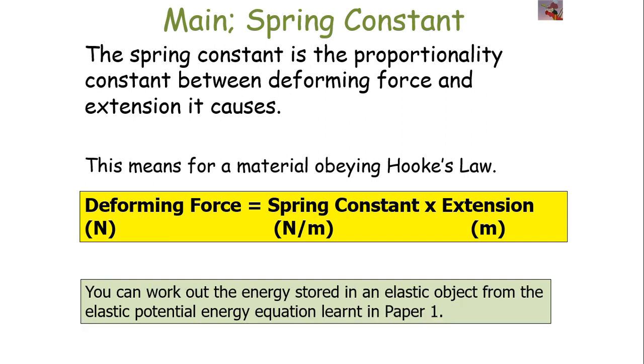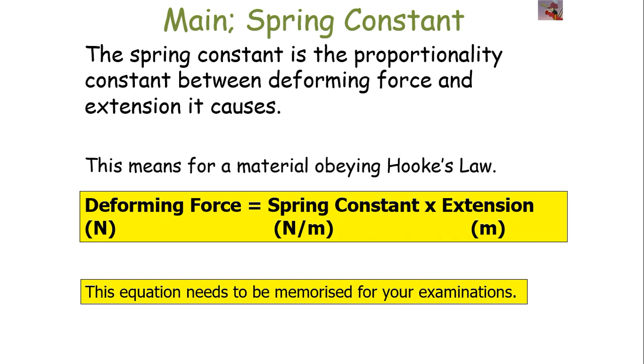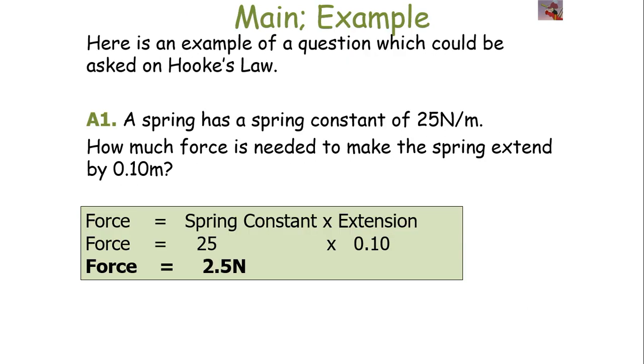So you can work out the energy stored in an elastic object from the elastic potential energy equation, which you covered in the energy module of paper 1, which is elastic potential energy is a half times by spring constant times by extension squared. Now again, as we said before, this equation, not the previous one, needs to be memorized for your examination.